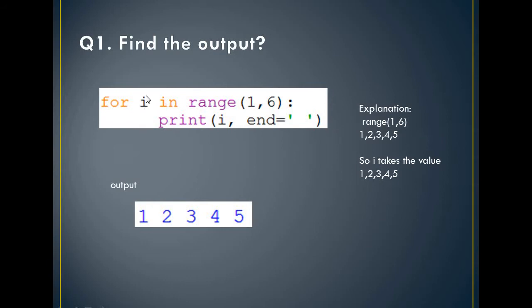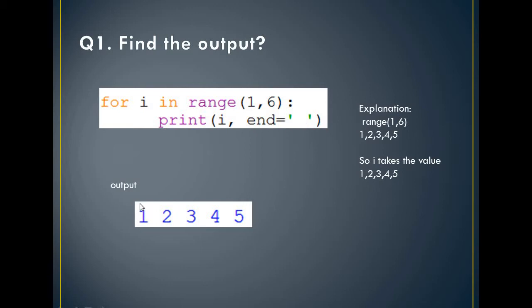In the first iteration the value of i is 1, so it displays the value 1 here. Normally the print statement displays the value in a new line. Here a delimiter is given, end equal to a space.